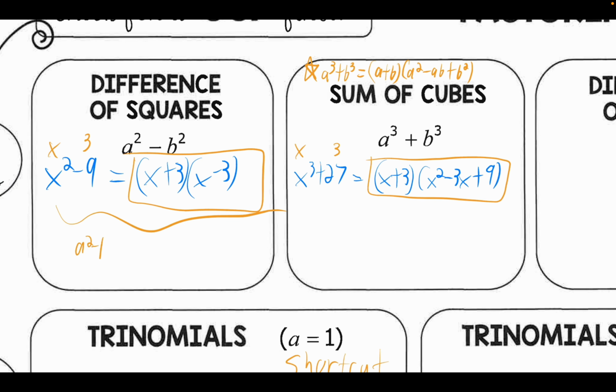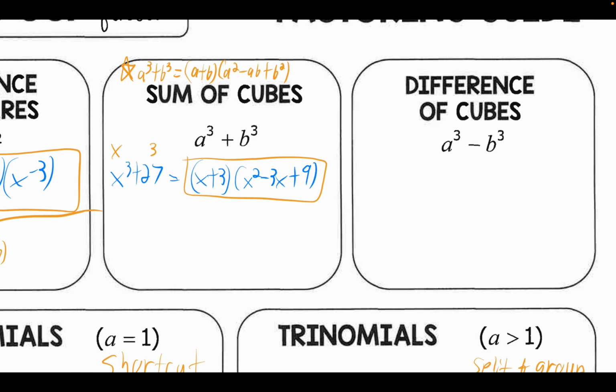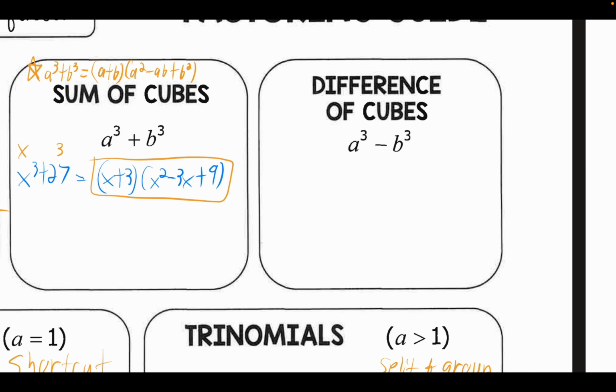That a squared minus b squared is a minus b, and a plus b, with the order not mattering for which parenthesis comes first. The difference of two cubes, I'll do the rule down here. A cubed minus b cubed is a minus b, a squared plus a times b plus b squared.